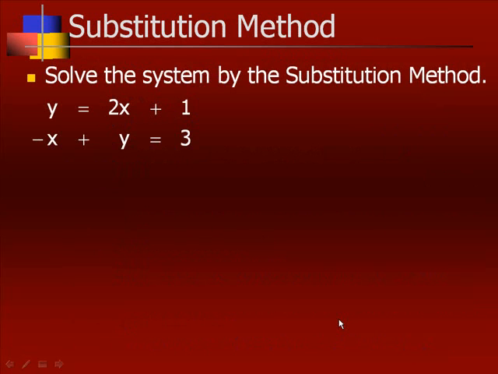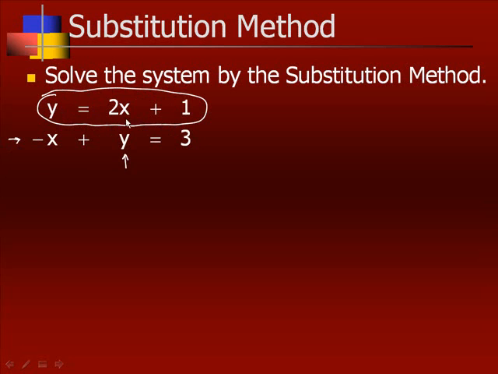So for example, if we have y equals 2x plus 1 and negative x plus y equals 3, notice we've already got the top equation in y equals form. So what we do is we go into the other equation. Everywhere we had a y, we're going to plug in 2x plus 1.